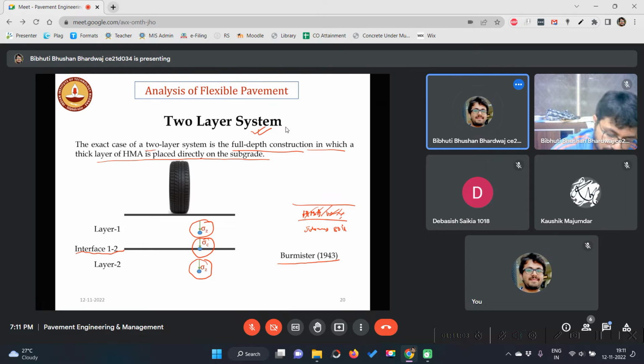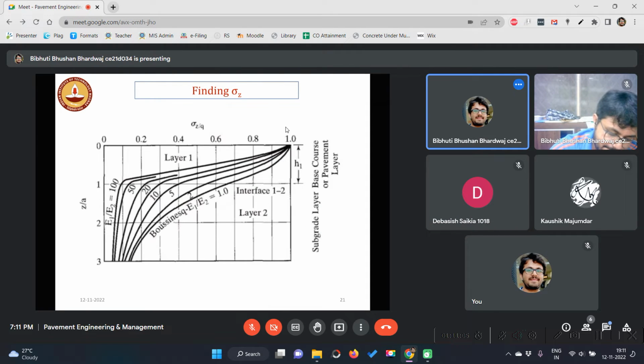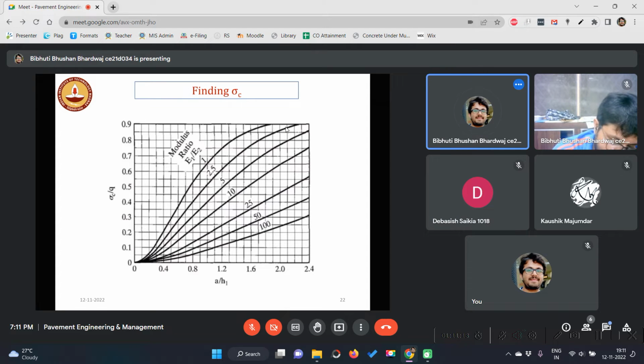So here you can find sigma z using this chart, and sigma c at the interface using this chart. The modulus ratio E1 by E2: E1 is the elastic modulus of the top layer, E2 is the elastic modulus of the bottom layer.